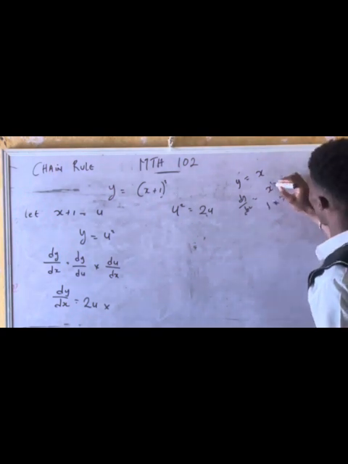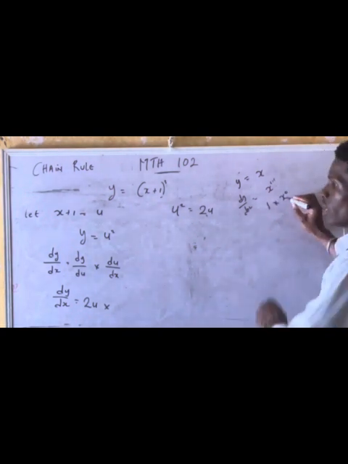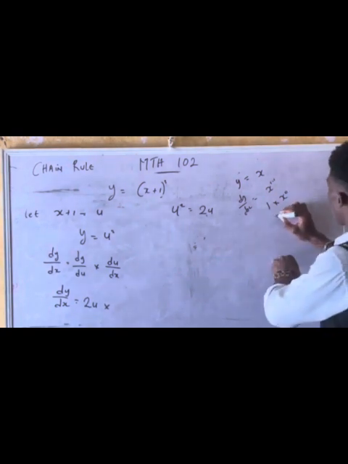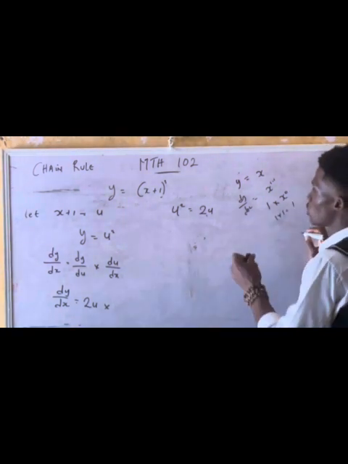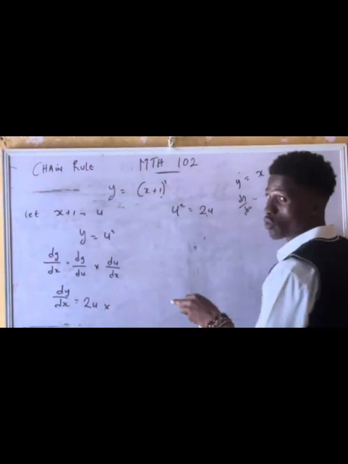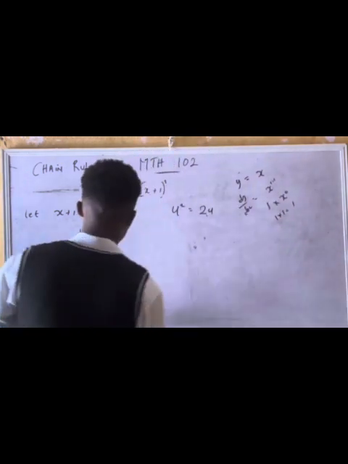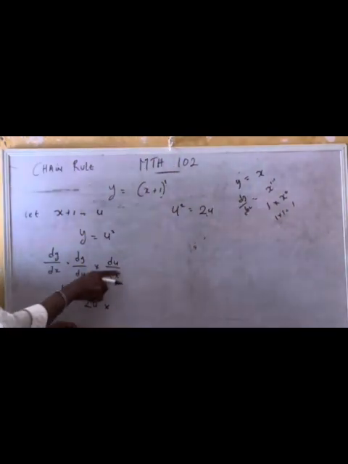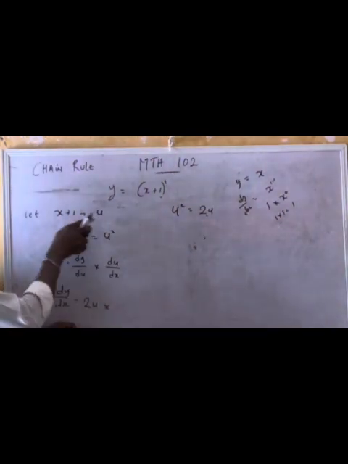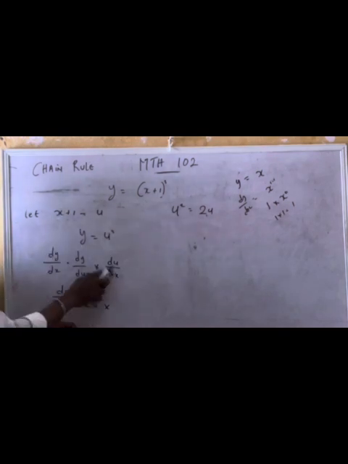Times x to the power of 1 minus 1, which is 0. Any number to the power of 0 is 1. So 1 times 1 gives 1. So if I differentiate x, I get 1. So du dx, differentiating u with respect to x, gives us 1.